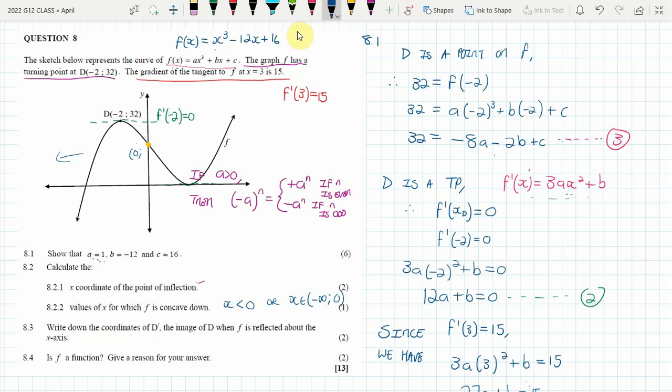Okay. Now 8.3. They want to know the coordinates of D dash, the image of D when f is reflected about the x-axis. So if we reflect f about the x-axis, what will happen to every point on f?